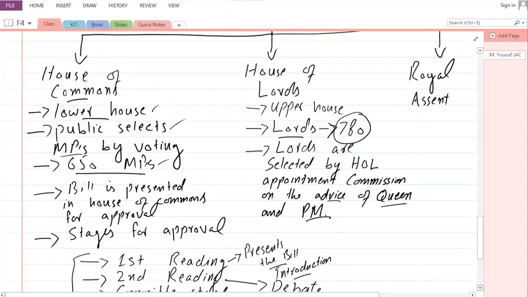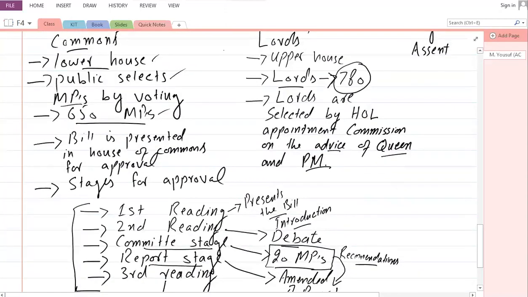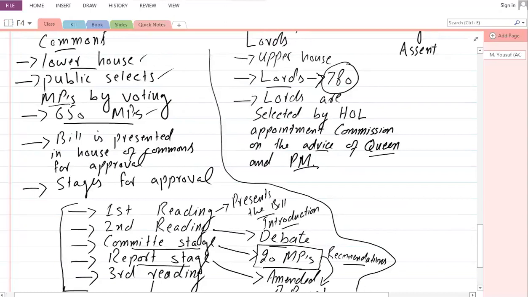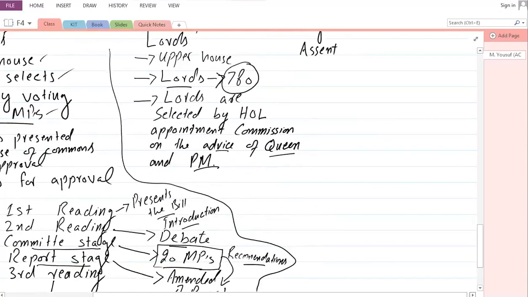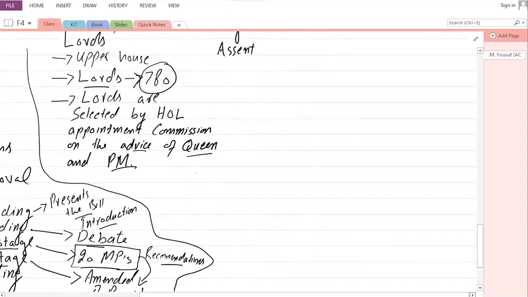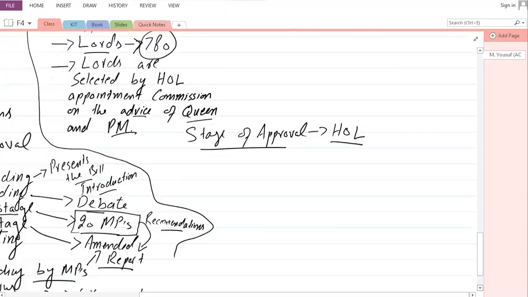To understand this, let's draw a line so that it will not be mixed: stages of approval at the House of Lords. HOL means House of Lords.